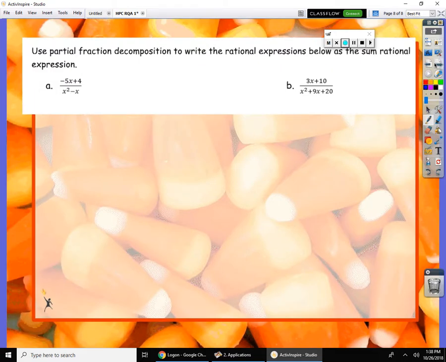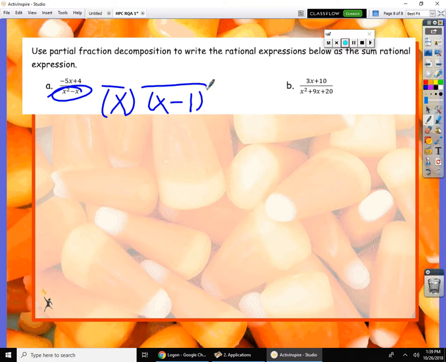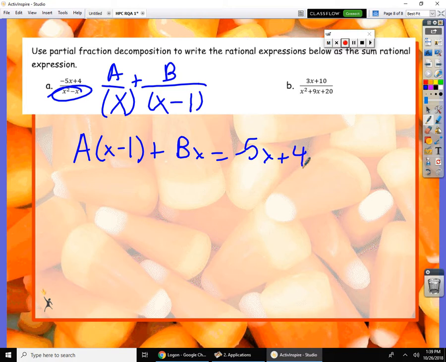All right. I'm trying to get it so it's all done. So this is A and B. I'm going to factor this, x minus 1. It is GCF factoring. If you don't remember factoring, you need to rewatch that video. So A times x minus 1 plus bx equals negative 5x plus 4. What's the first 0 I plug in? 1.